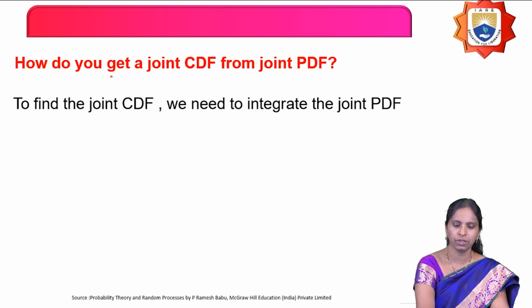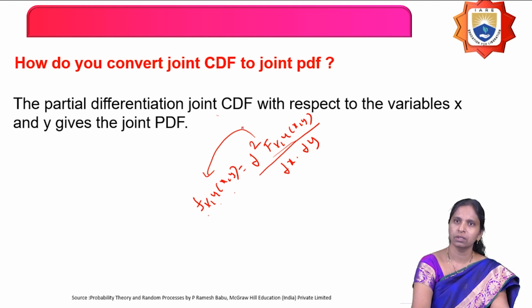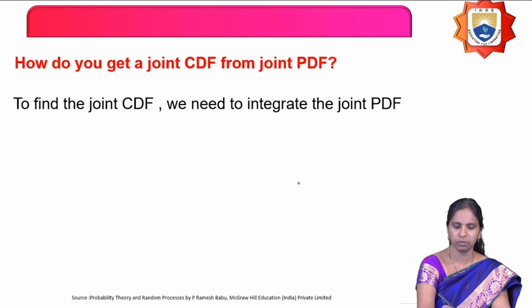Next one: how do you get a joint CDF from the joint PDF? Previously we converted the joint CDF into the joint probability density function. Now, from the joint probability density function, you have to convert back into the joint distribution function.